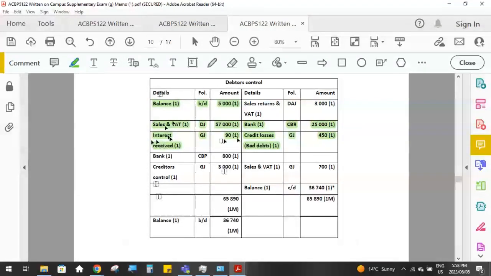So if I am debiting debtors control with these amounts, I will be crediting sales and VAT, interest received, bank and creditors control. If I am crediting debtors control with these amounts, I will be debiting sales returns and VAT, bank, credit losses, and sales and VAT. Okay, the name of the general ledger account that must get the other side of the double entry.